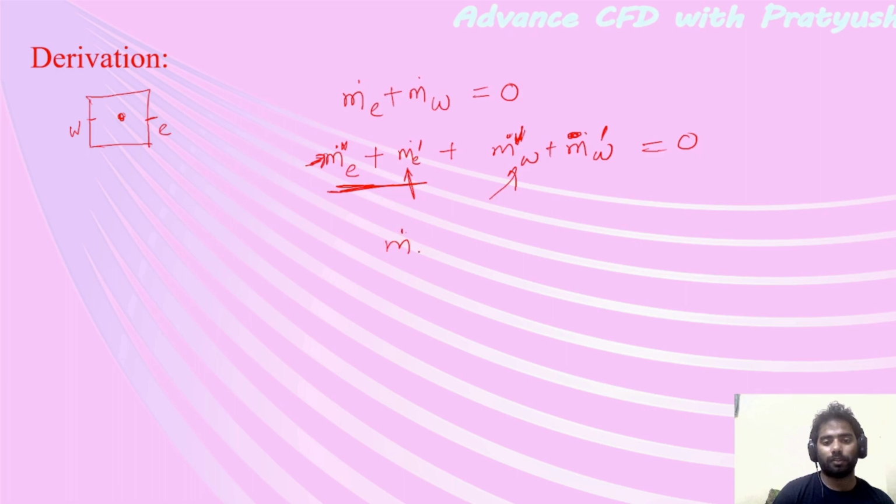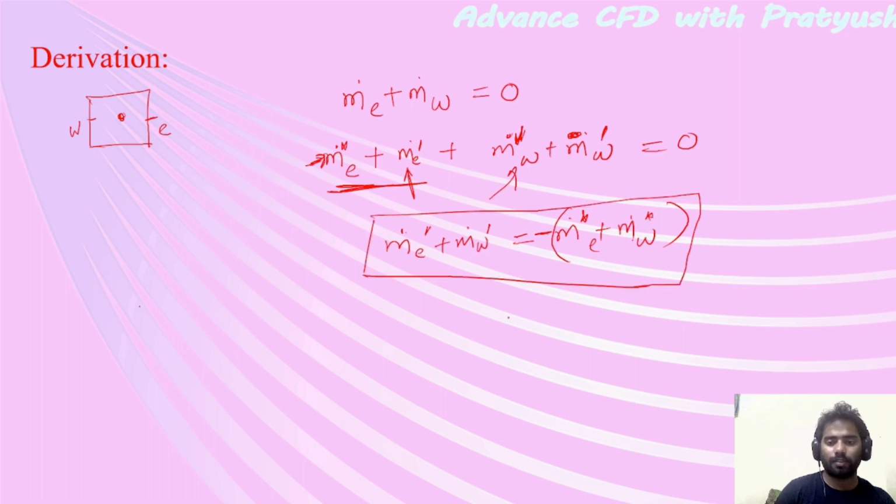So m dot e dash plus m dot w dash equals negative of m dot e star plus m dot w star. This is the continuity.